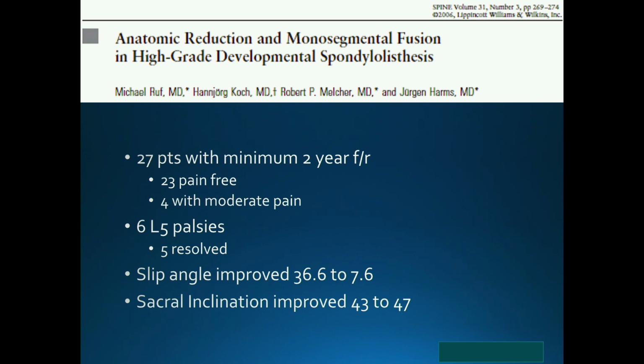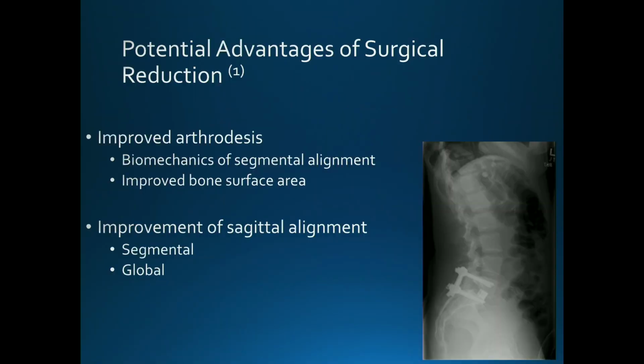He improved slip angles by about 30 degrees and also improved sacral inclination somewhat, so reduced the pelvic tilt somewhat. But at the same time, out of 27 patients, 6 out of 27, so fully a quarter, had some L5 palsy. So the downside, the bit of paradox here, is putting the L5 nerve root at risk.